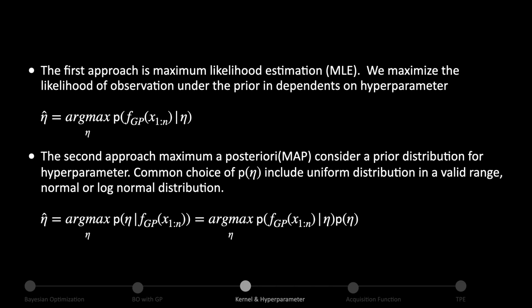It considers a prior distribution for the hyperparameters. Common choices of P of eta include a uniform distribution in a valid range, or a normal or log normal distribution. So the optimized eta hat is the eta that maximizes the probability of eta given FGP of x1 to n, which is equal to the eta that maximizes the probability of FGP of x1 to n given eta times the prior P of eta.